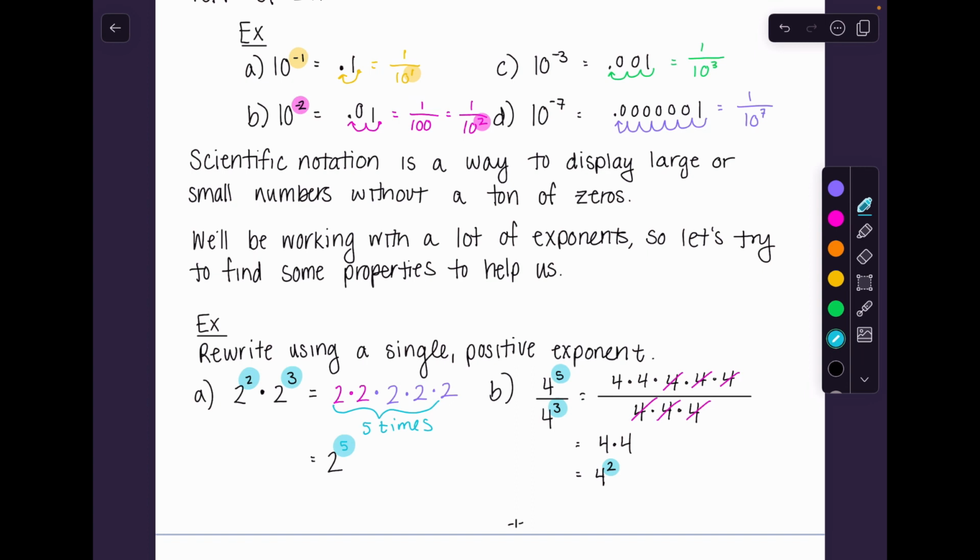Okay? So these are going to be our two rules. When we multiply something with the same base, we're going to add the exponents. And if we're dividing something with the same base, we do the top exponent minus the bottom. Okay.